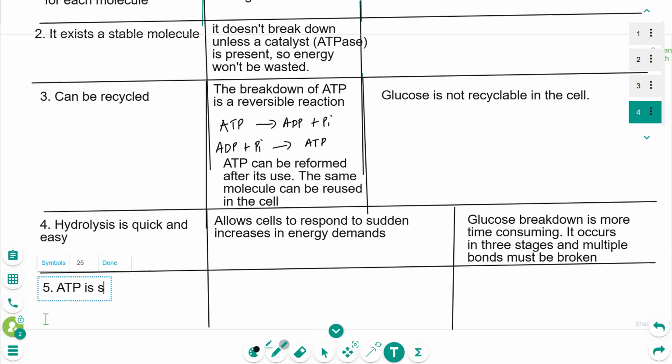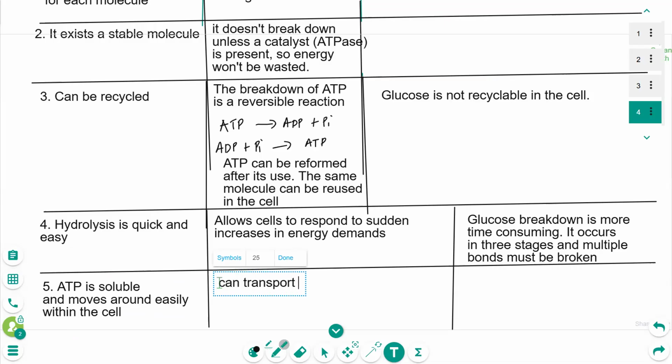ATP is soluble and moves around easily within the cell. And the benefit of this is that it can transport energy to all areas of the cell.